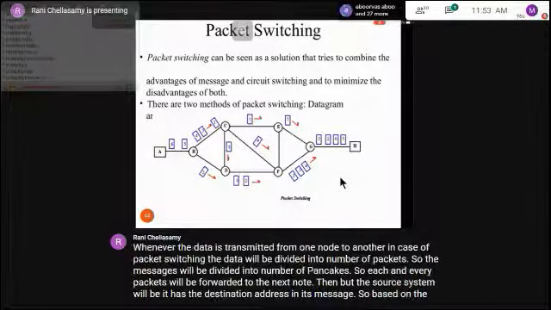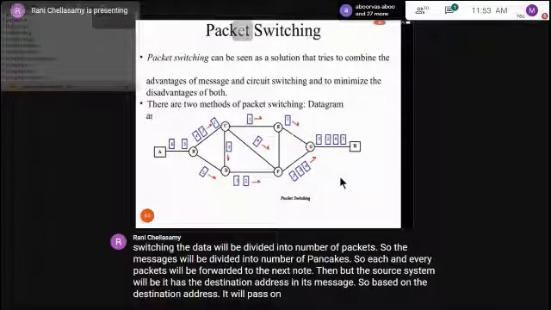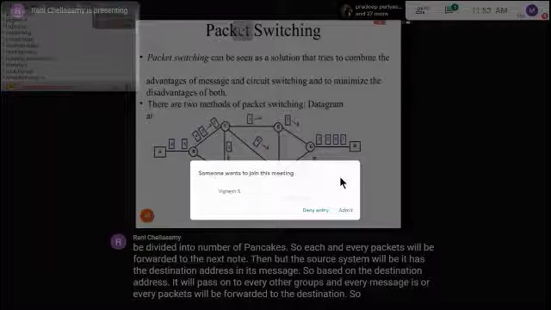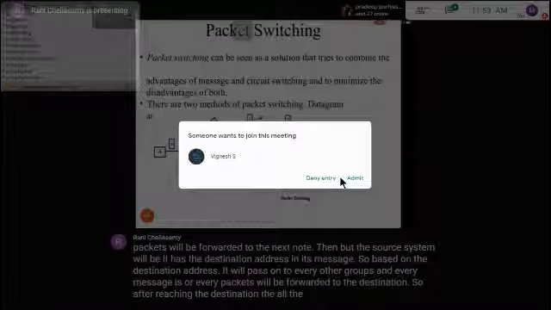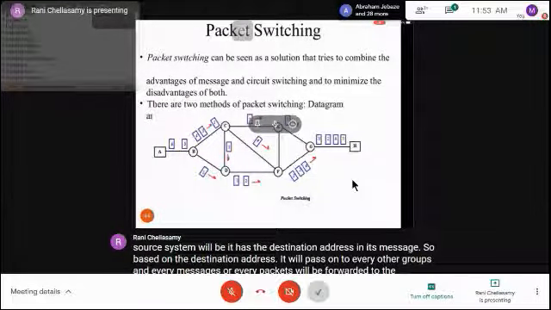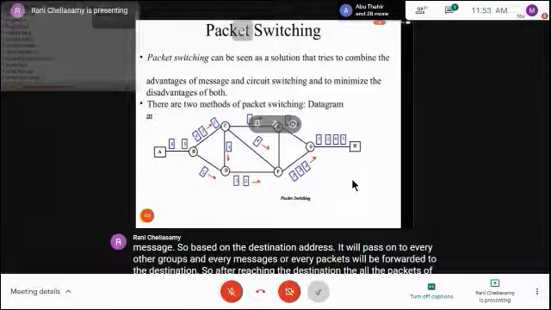Based on the destination address, it will pass through the other nodes, and every packet will be forwarded to the destination. After reaching the destination, all the packets of the message will be reordered, and H will send the acknowledgement to the source.